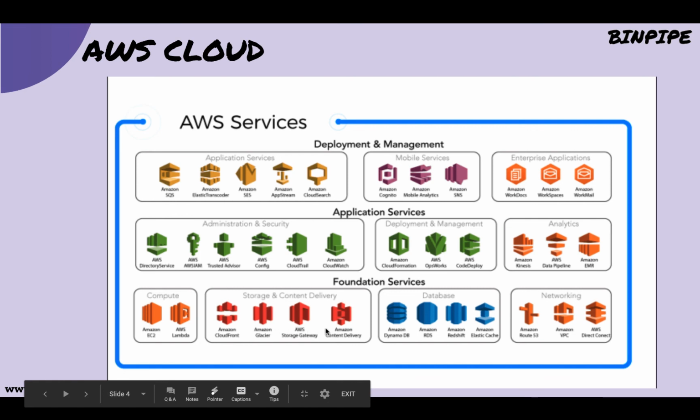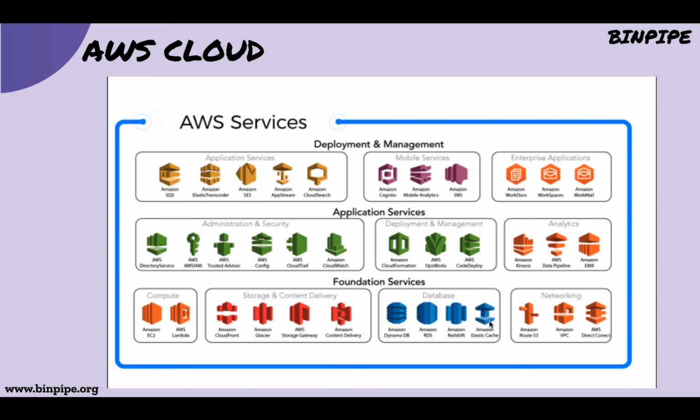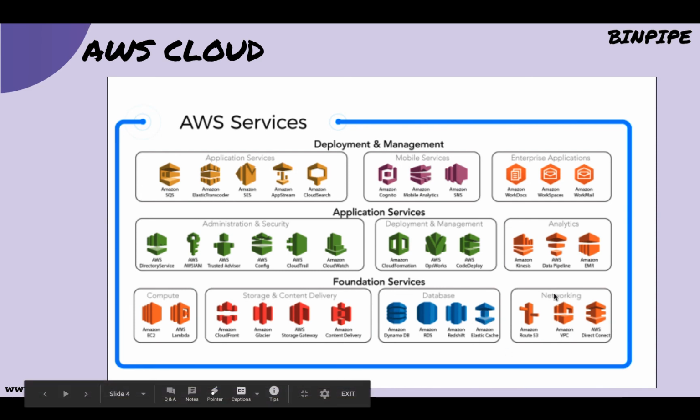Similarly, Glacier, Storage Gateway, DynamoDB, Amazon RDS, these are all common services. For example, DynamoDB is like a MongoDB server, RDS is MySQL, Redshift is Postgres, ElastiCache is Redis, and so on, different types of databases.